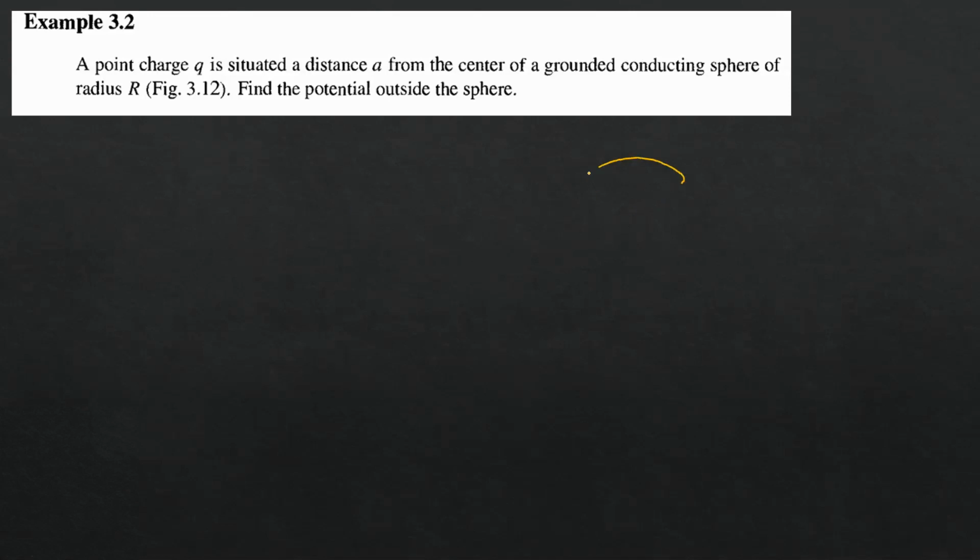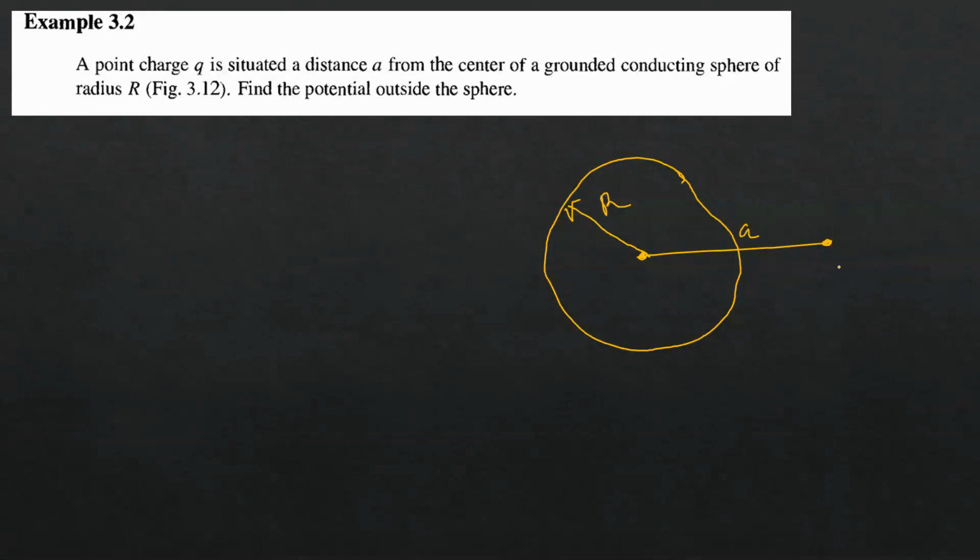The sphere is like this. The center, radius r, at a distance a. We have to find the potential at a distance a. This is a grounded conducting sphere, V0.